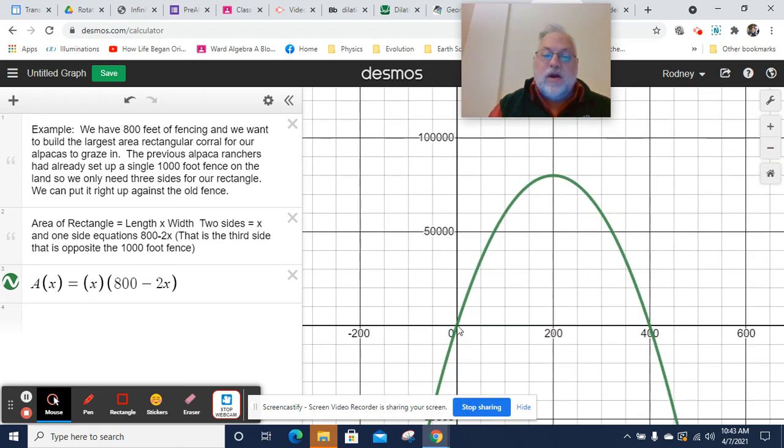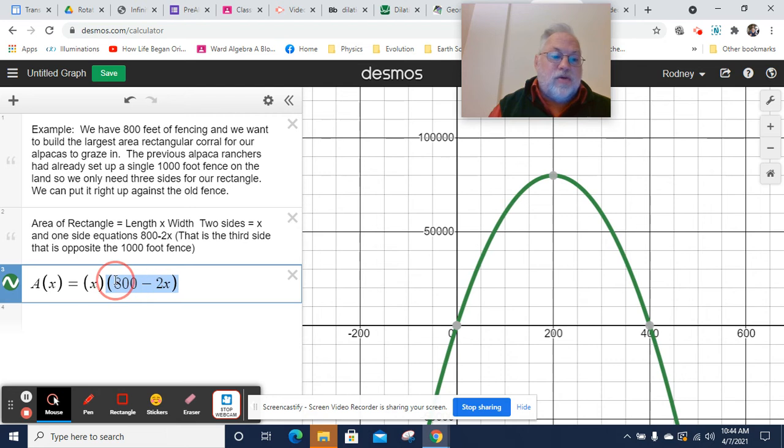So now I know my 2 squash-the-alpaca points. But right here, this is the largest area I can get. I can get an area of 80,000 square feet if I make my fence 200 feet long. So let's work that out. x will be 200, and that's the two sides that are the same.